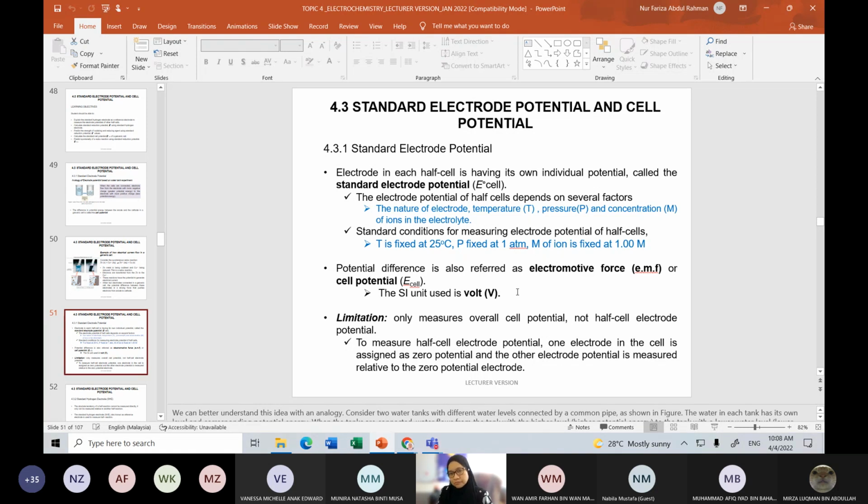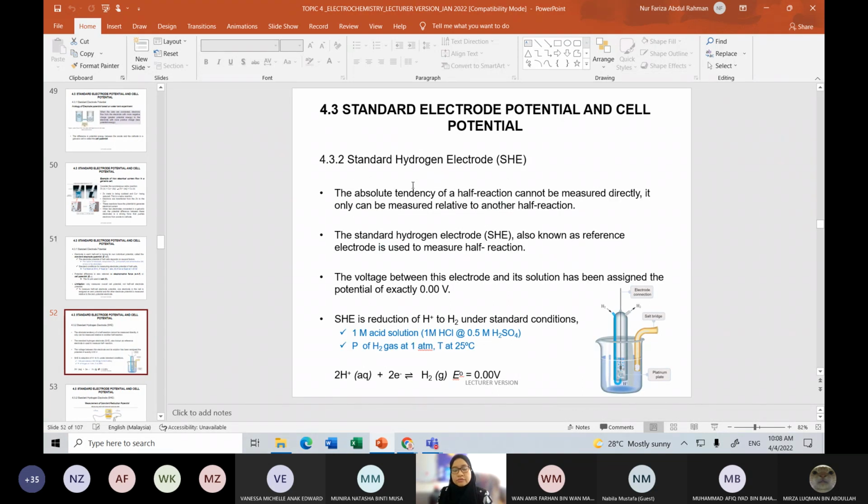Okay, all right. And then, you have learned also about SHE. SHE stands for standard hydrogen electrode. This is our reference electrode in order to measure the electrode potential of other electrodes.